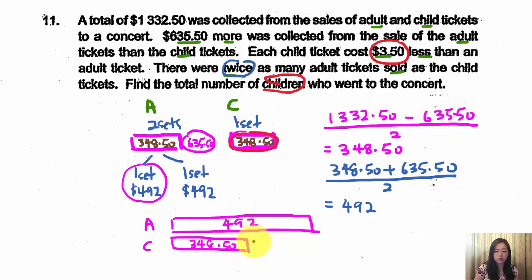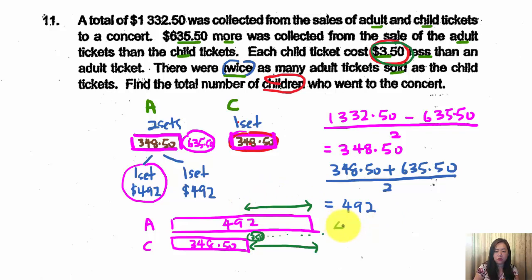So the difference here is due to the child's ticket being cheaper by $3.50. So what it means is for every 1 adult ticket bought here, it makes the model longer by $3.50. So the number of $3.50 here will make up the extra in the total amount of money.